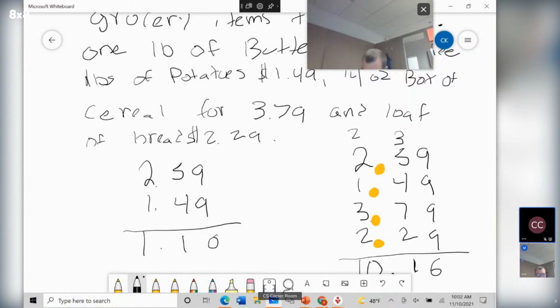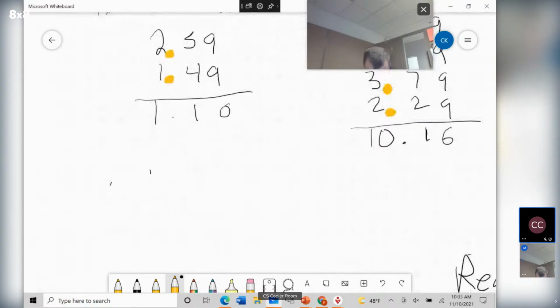Okay. So once again, if you look real closely, the decimals are always going to be lined up when we add or subtract. Okay. So keep that in mind. So what I want to do now is I just want to talk about some vocabulary that you might get in these word problems. Okay.